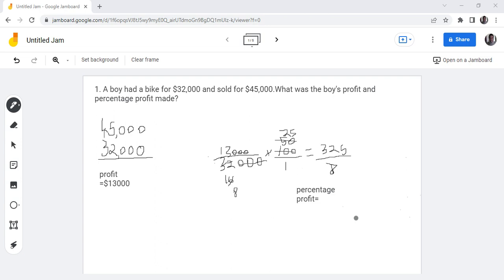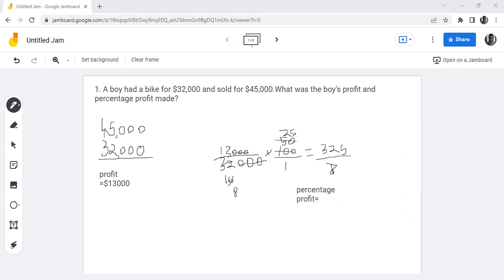In this case, since we have obtained our answer as 40.625, what we're going to do is round to two decimal places, because it's a percentage and we don't want to just put the long decimal down there.